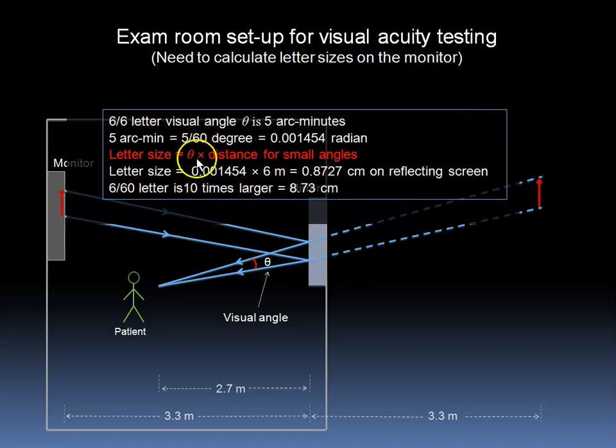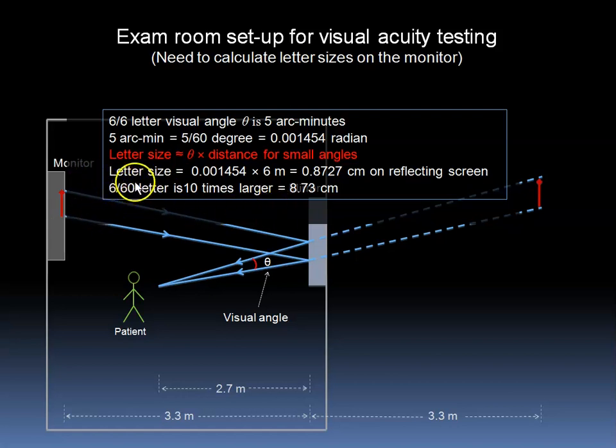The letter size in radians times 6 meters gives 0.8727 centimeter on the reflecting screen. In other words, the letter has to be 0.87 centimeters high. This is the letter that is testing the minimum visual acuity, which is a 5 arc minute size visual angle letter.